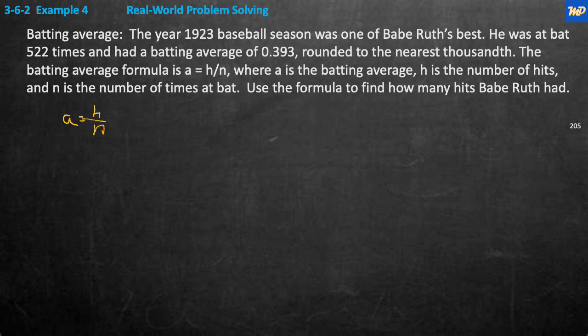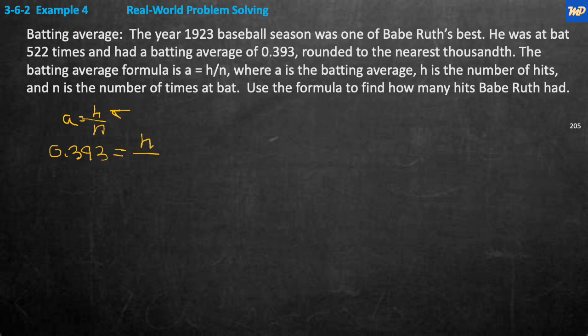Well, the hits are right here on top. We know his average was 0.393. That's his average right here. So 0.393 is equal to the hits, which we're trying to find, hits divided by the number at bat.